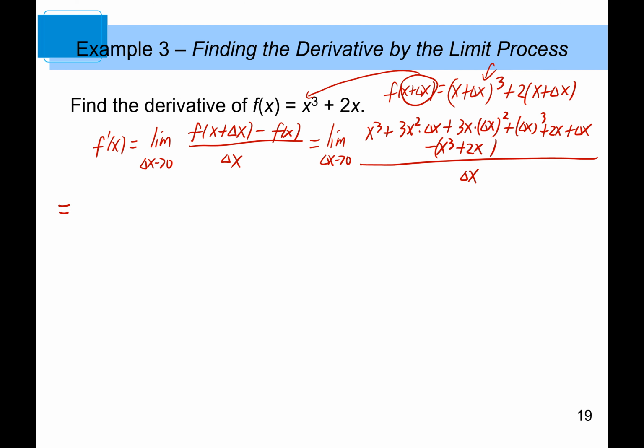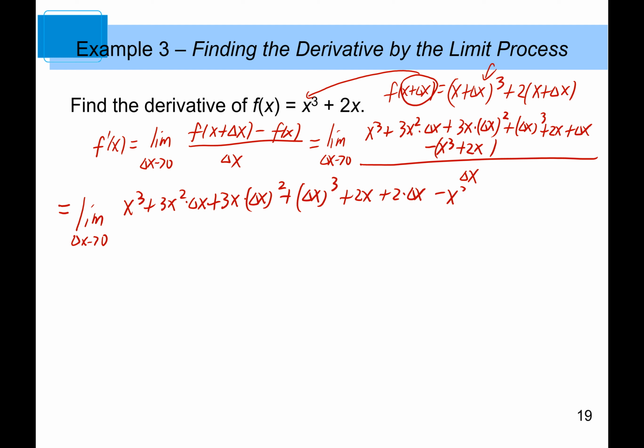Let's simplify, as x cubed gets cancelled.